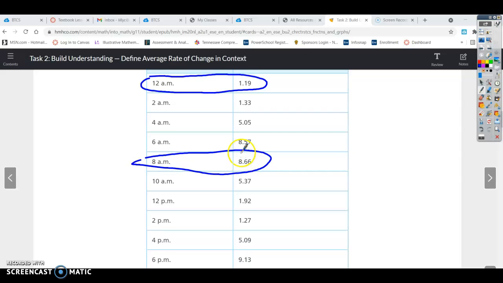Remember, you're going to do y minus y, and then x minus x. But remember, in time, well, this one won't be difficult, but in time, this would be time 0 at midnight. So 8 minus 0.